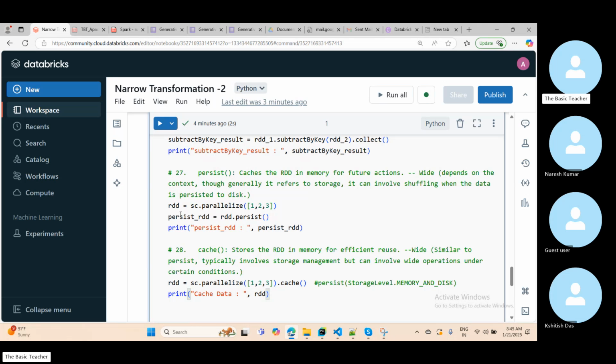Okay, let's say you have a 20 GB or 50 GB file, and you are trying to read and process the data. If you do all the processing in memory only, there are chances of failure, right? Yes, out of memory. If you have a good amount of data, then you can do persist and think about persisting with disk.